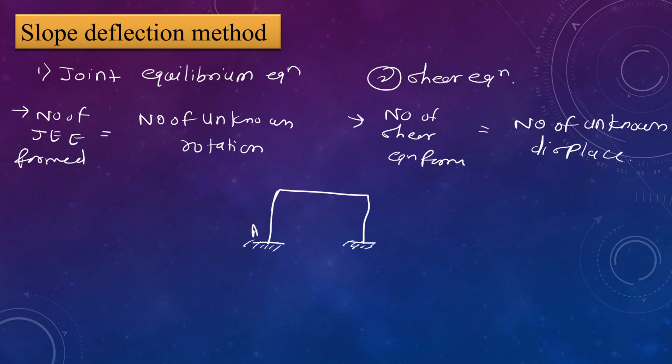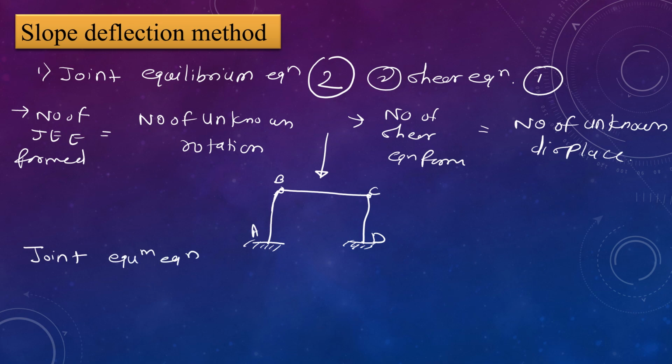This is A, B, C and D. Two joint equilibrium equations are required to solve this kind of frame, because there are two joints except the supports, and one shear equation is required to solve this frame. So first we look at the joint equilibrium equation.